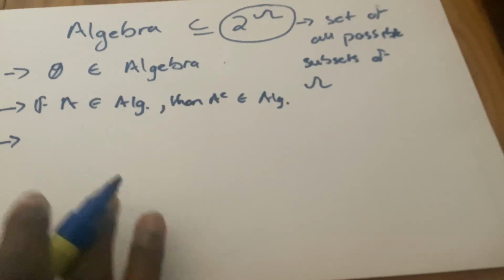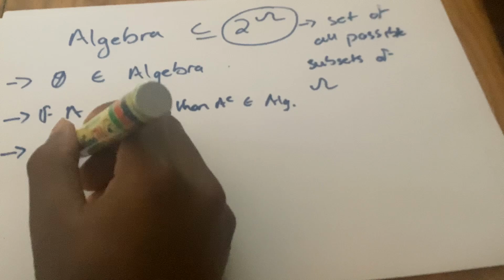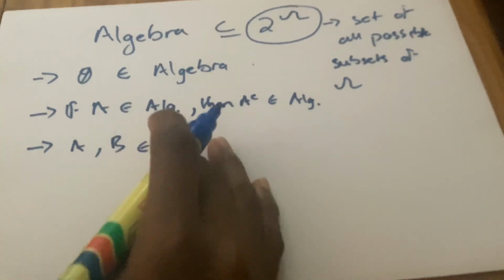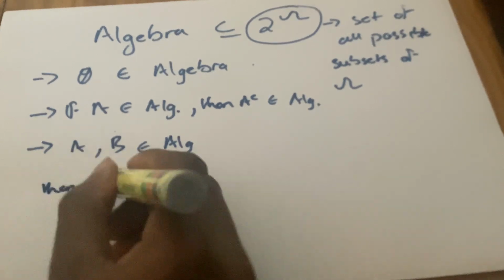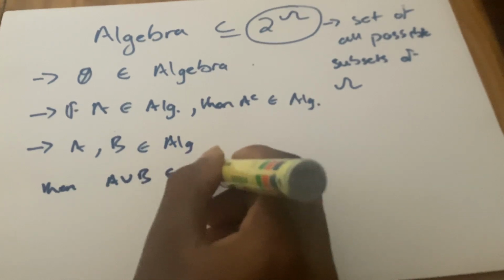Number 3, if A and B are elements of the algebra, then the union of A and B must be an element of the algebra.